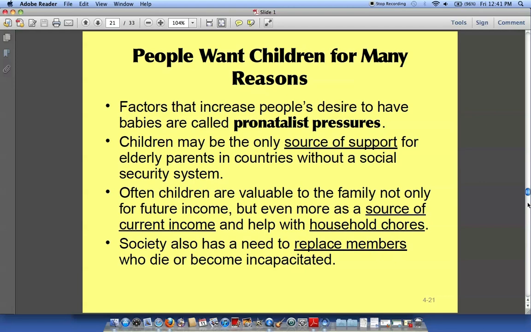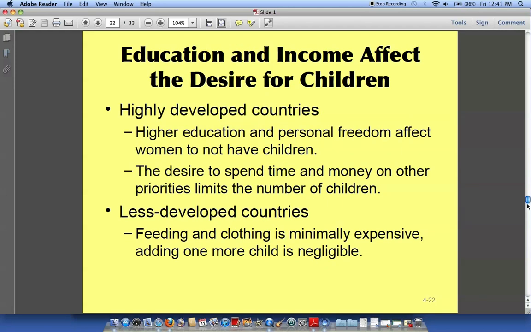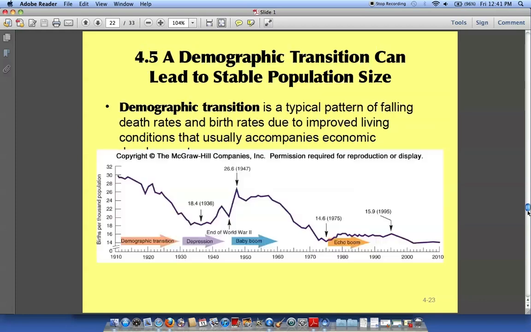And then different types of comments on why people want kids. Maybe some people don't want kids, and how income and education may affect your opinion on having children or not. More of this information.